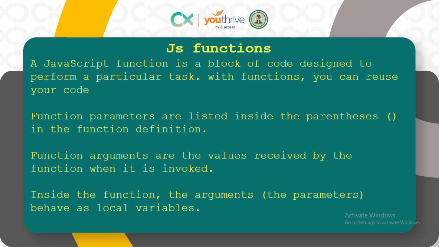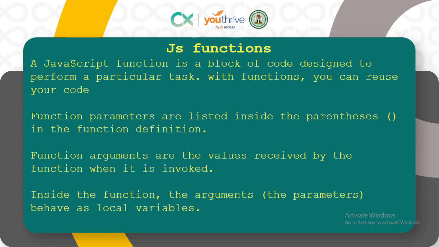It only runs when you want it to run. Even though you write it and save, it will not run. It just remains there. Only when you call it, only when you invoke it, will the function run. This is one of the beauties of functions: you can reuse your code and you can tell your code when it will run and when it will not run.